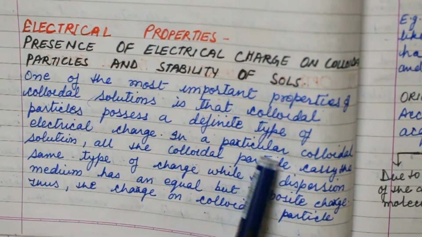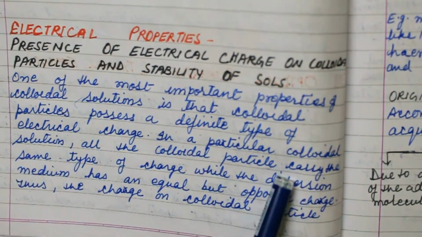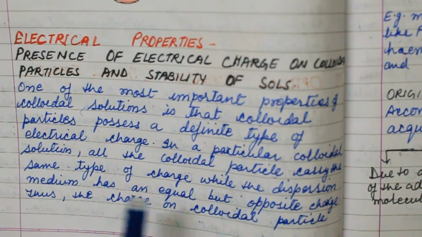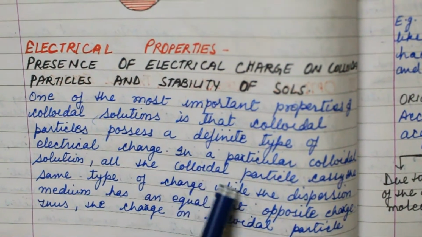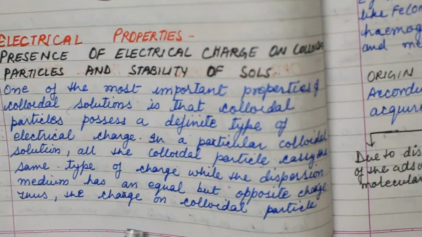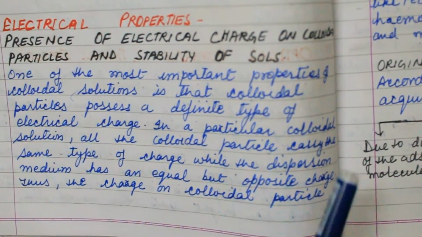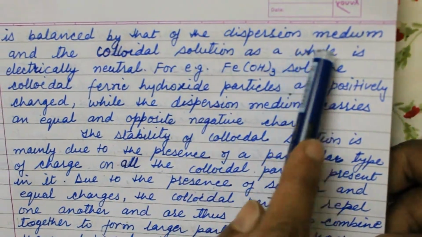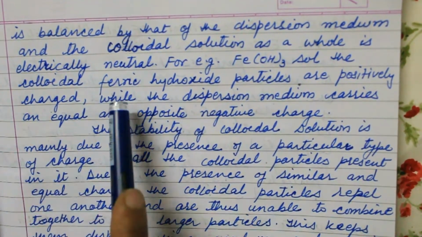In a particular colloidal solution, all the colloidal particles carry the same type of charge, while the dispersed medium, that is the solution, has an equal but opposite charge. Thus the charge on the colloidal particle is balanced by that of the dispersion medium, and the colloidal solution as a whole is electrically neutral.